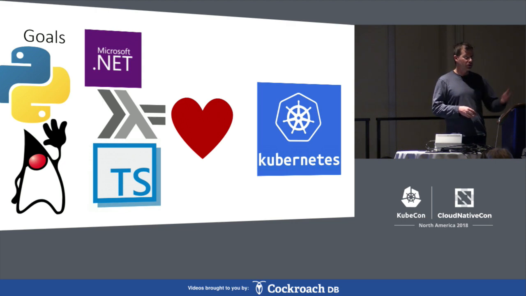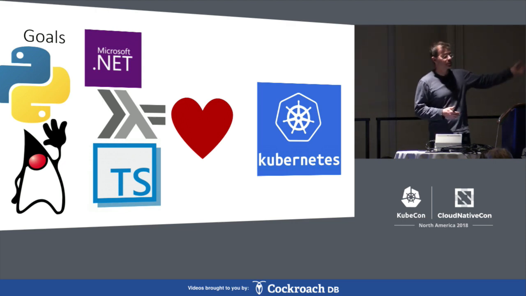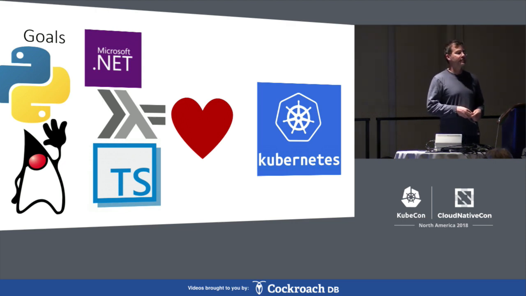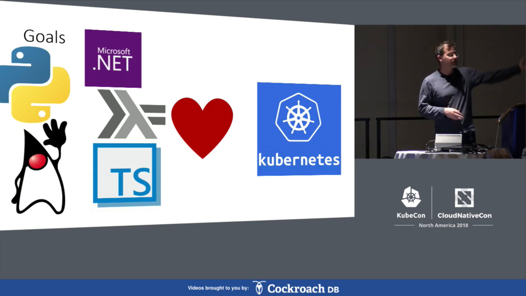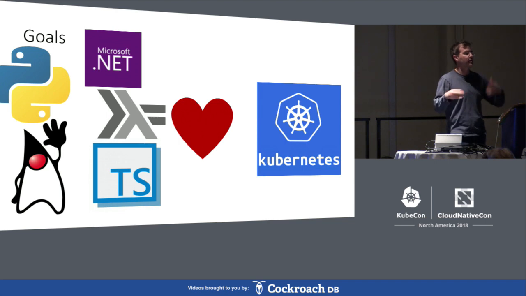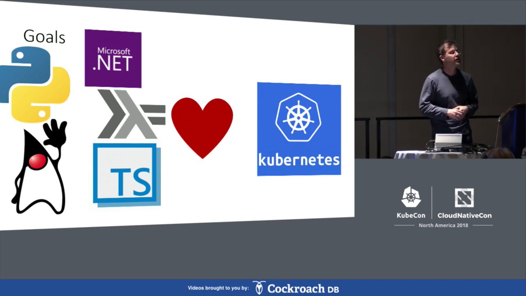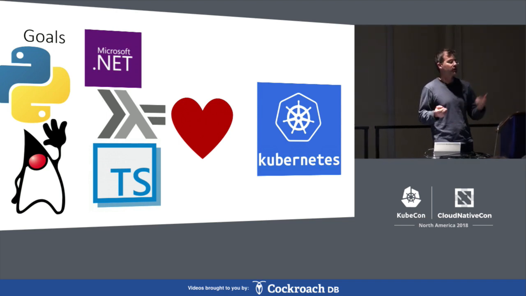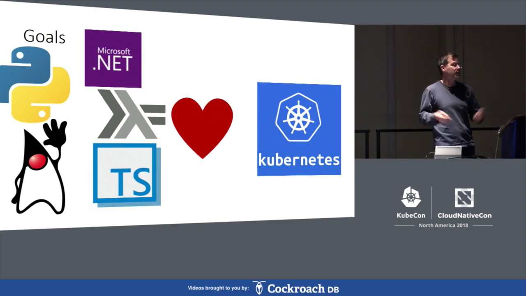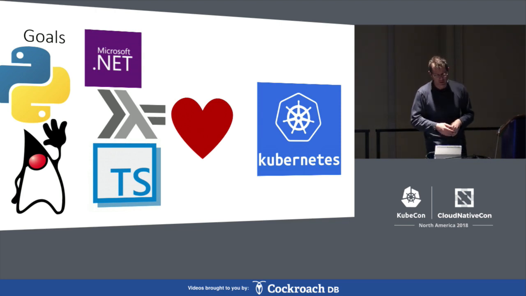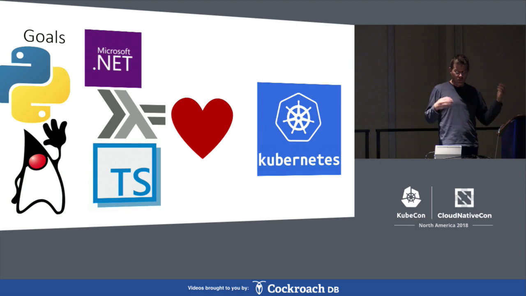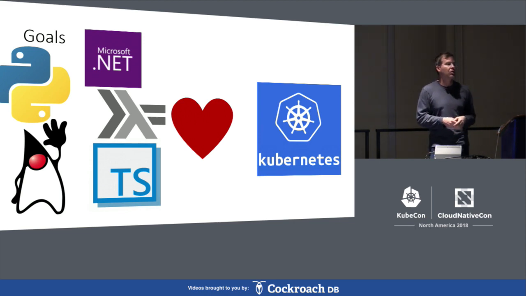Tools like Visual Studio Code are written in TypeScript, so having a TypeScript client makes sense. There are people who are passionate around certain communities. The Haskell community, for example, people really like to program in that programming language. It's nice for them to be able to talk to Kubernetes in a language that they love. And so generally speaking, the goal is to ensure that all of these languages can successfully target Kubernetes.